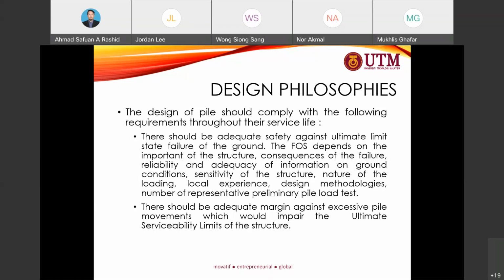There should be adequate margin against excessive pile movement, which would impair the serviceability limit state of the structure. So that is the design philosophy.